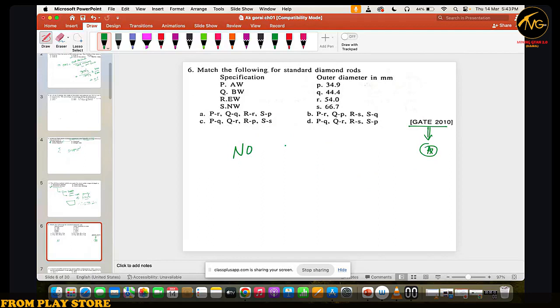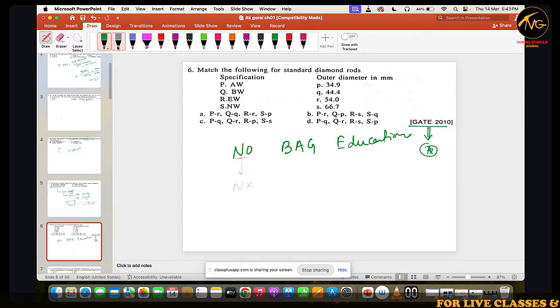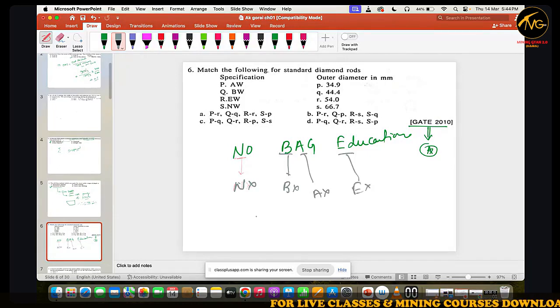No bag in education, industry or education school. What does it mean? No means NX, then BX, AX, EX. So NX has the biggest diameter.